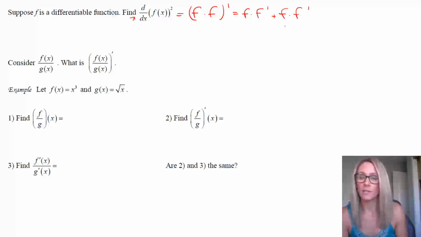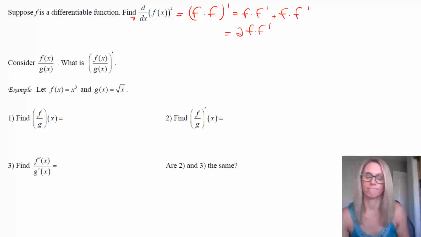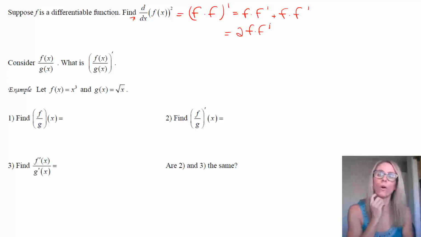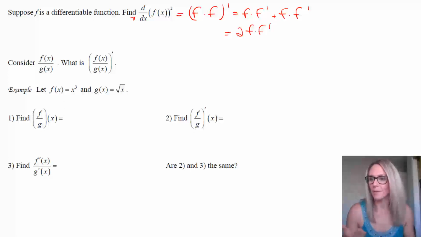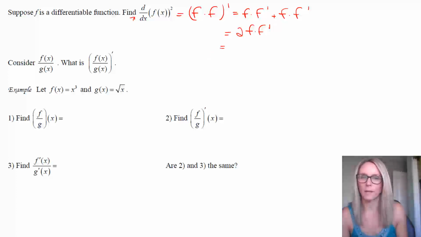I want you to see that these are like terms. They are the same exact thing: f times f prime, f times f prime. So now we just get 2f times f prime. So all this is all f's, but that's our answer. It's the same as saying 2 times your function times the derivative of your function.